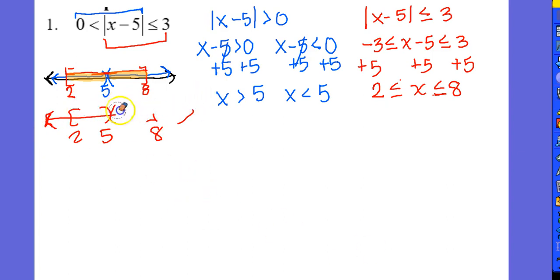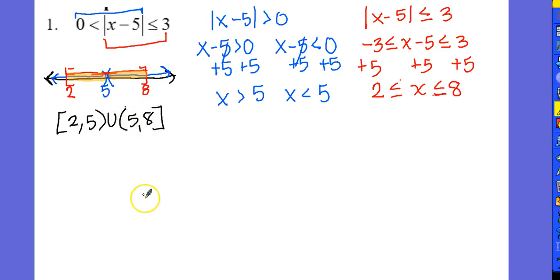So a highlighter would probably be helpful if you're going to use the double lines to help you answer the question. Solution in interval notation would be from inclusive 2 to 5 non-inclusive, union with non-inclusive 5 to 8 inclusive.